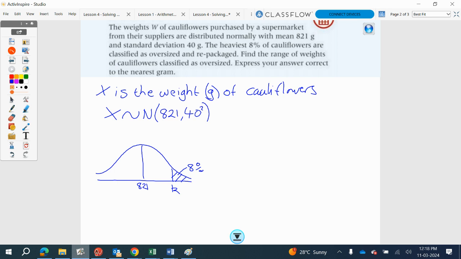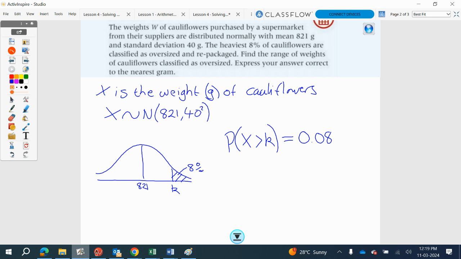Is that a right tail or a left tail? This is a right tail. So we want the probability that x, the weight of a randomly selected cauliflower, is greater than k. If it's greater than k, that probability will be 8%.